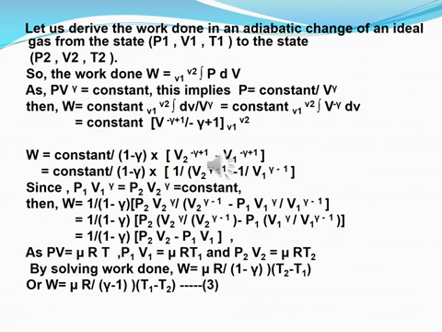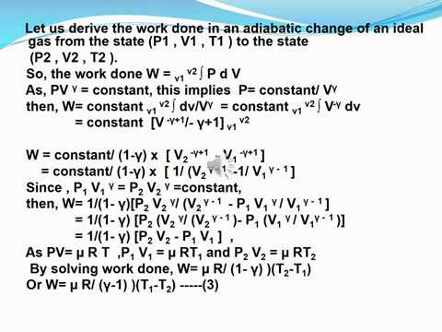By applying the integration operation, we get work done W is equal to constant into V raised to minus gamma plus 1 by minus gamma plus 1. The limit is V1 to V2.